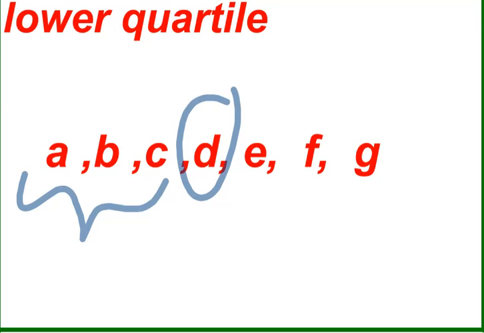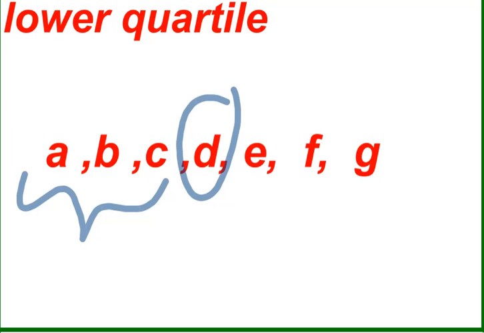And note, whenever you want to do quartiles or median or anything like that, you need to order your data in ascending order. As you can see in this slide, everything is ordered in ascending order already. So we are given from A to G, and we know that A is smaller than G if it were numerical forms. So the lower quartile is the middle number on our left, so on the 25% of our data set.